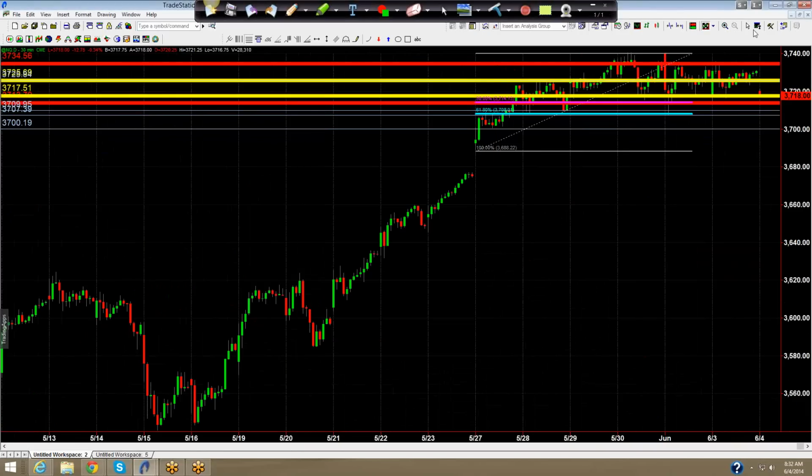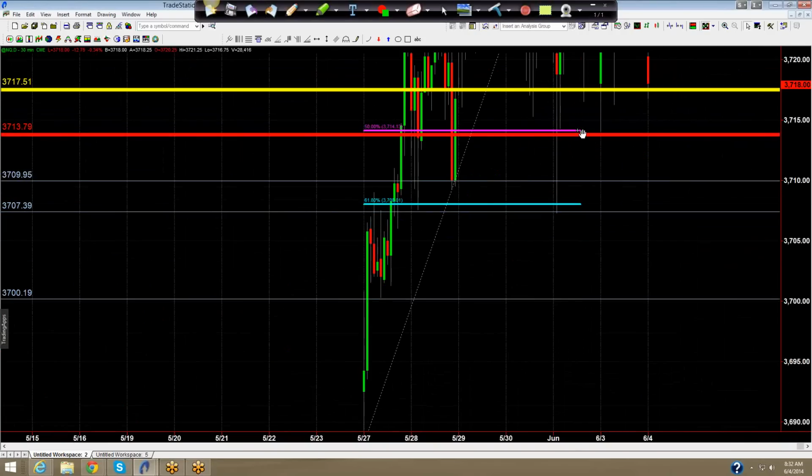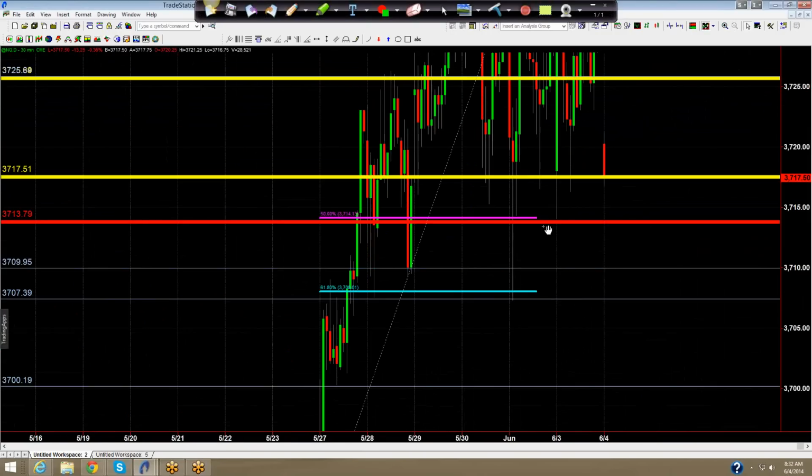Okay, we expand this back out. See this area right here where we're getting rejection out of? This 37.14 is now halfway back. We're not even quite getting back to it. So this 37.14 area becomes quite important. There's actually, I believe, an open gap sitting right there.